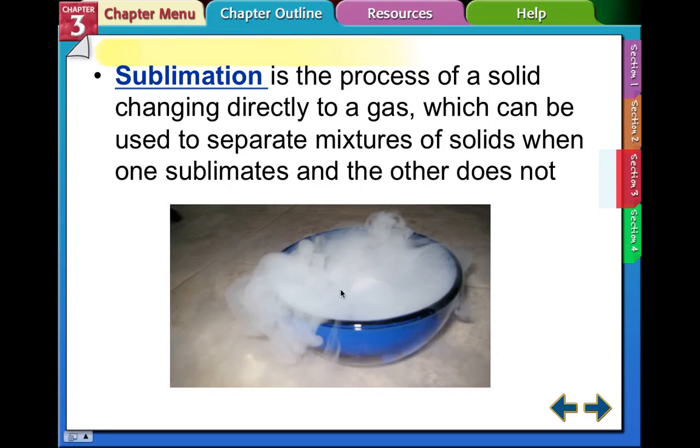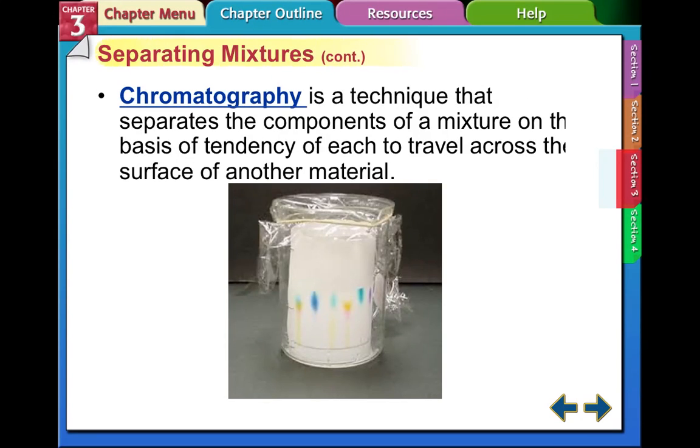Sublimation. This one's really cool. Sublimation is the process of a solid changing directly into a gas. This example right here is dry ice put in water, and it goes directly from dry ice into a gas. Pretty cool stuff. Chromatography. We are going to be playing with this towards the end of the week or the beginning of next week.